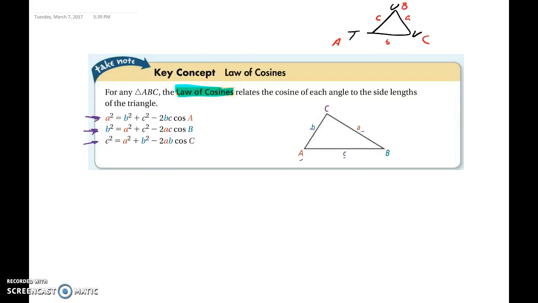So let's say you want to solve for either this side A or this angle A. You would use this formula.